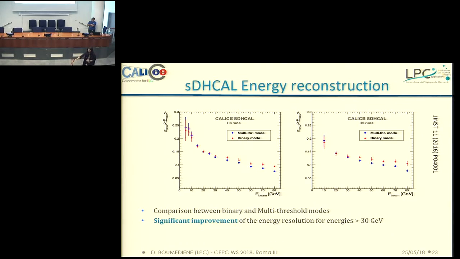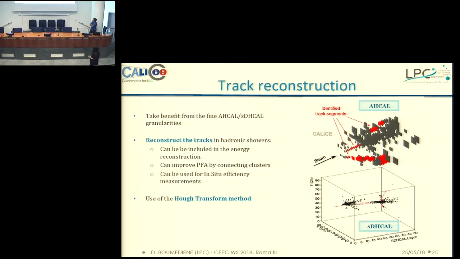Okay. Maybe my second one is about the track segment reconstruction that you talked about. You showed the track segment reconstruction results for both the DHCAL and the AHCAL. So my question is, how do these two compare in terms of the track segment reconstruction? Well, yes. This is strongly related to the segmentation.